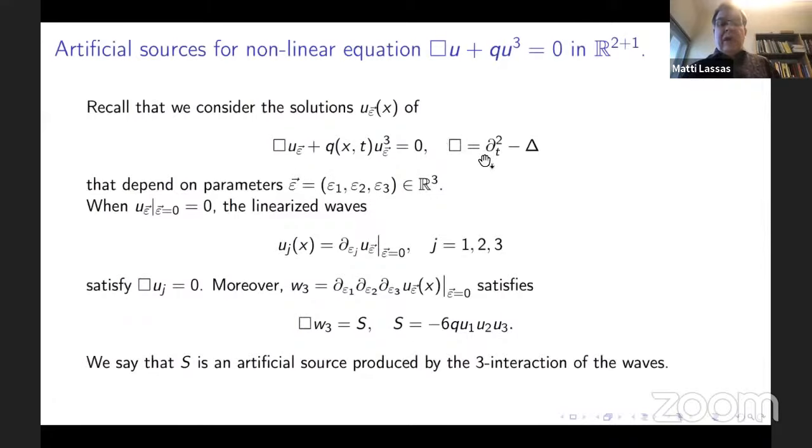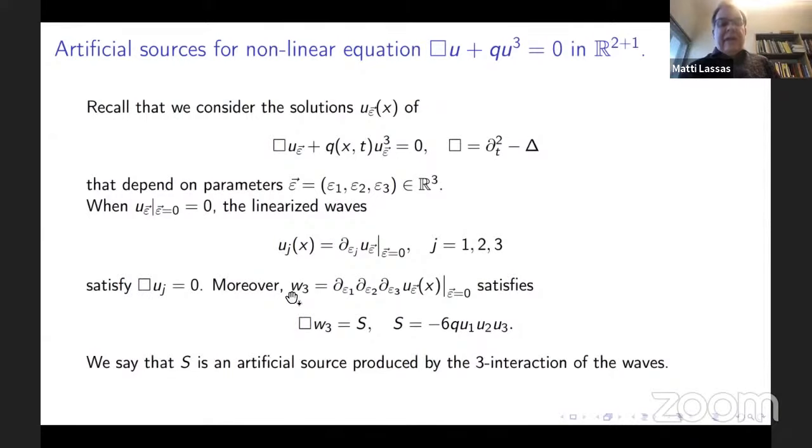So I denote by box or square the wave operator. We have solutions of these nonlinear equations that depend on 3 epsilon parameters. And I recall when epsilon is 0, the wave is 0. Then I differentiate with respect to 1 parameter. I get a linearized wave that satisfies the linear wave equation.